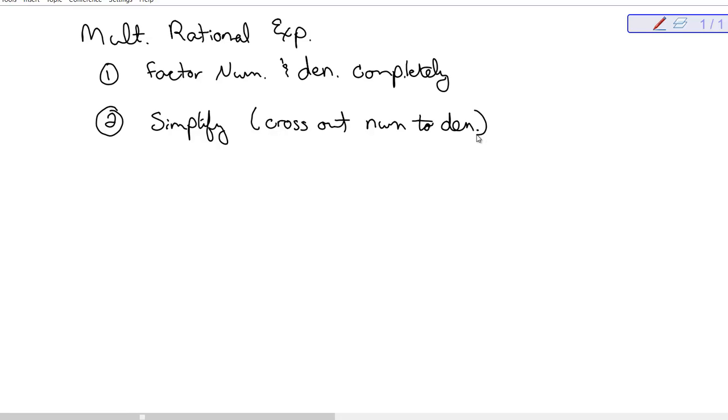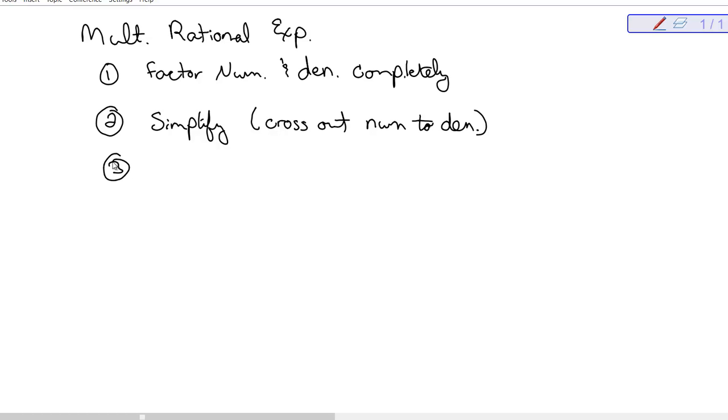In other words, we cross out numerator to denominator, and it's a 1-for-1 situation. We could simplify if it was a 4-to-8, but if we factored it out completely, it's a 1-for-1 situation. Okay?